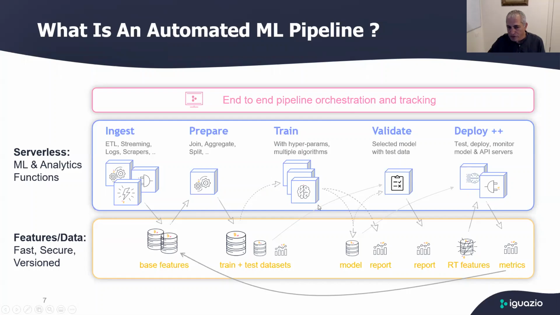We may run various training algorithms against that data to choose the best performing algorithm. We validate what we've trained on, and then we finally deploy that. We deploy the model, but we also have to deploy some APIs that go along with it and build this feature vector. And we have to collect metrics for everything that we deploy.